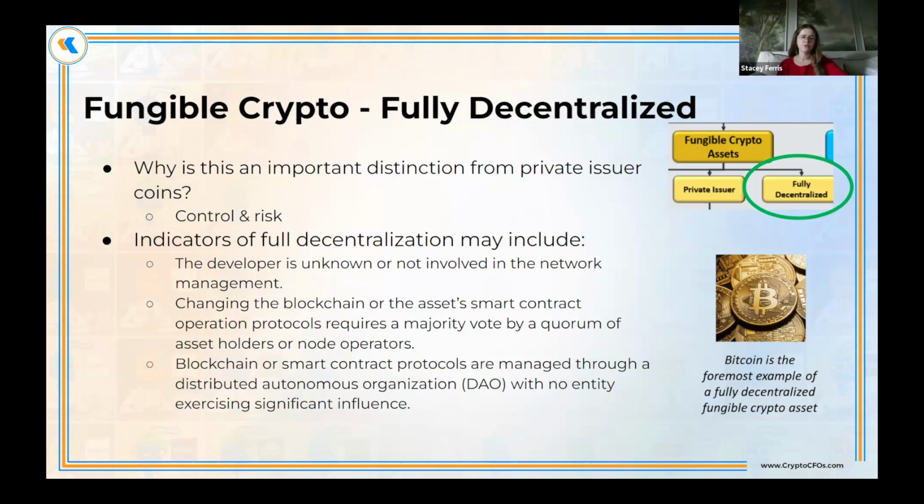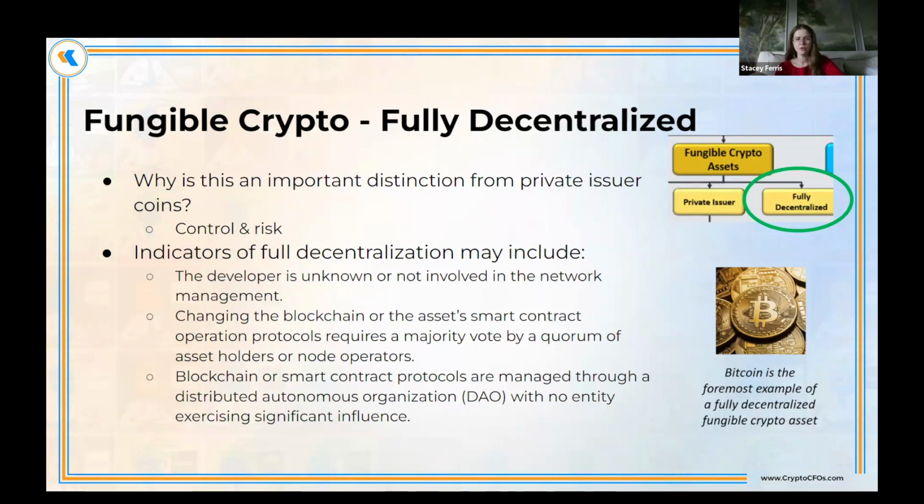Now, the indicators of full decentralization can include: the developer is unknown or not involved in network management; changing the blockchain or the asset smart contract operation protocols requires a majority vote by a quorum of asset holders or node operators; or the blockchain or smart contract protocols are managed through a decentralized autonomous organization, a DAO, with no entity exercising significant influence. This distinction matters because a coin that is fully decentralized is a lower risk coin than other types of assets.